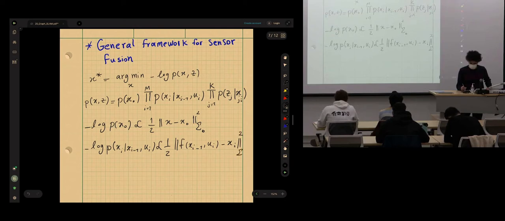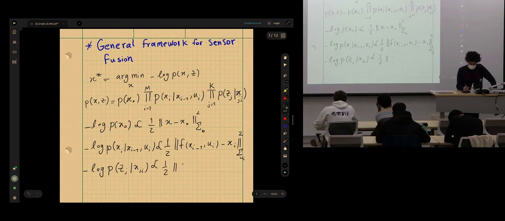So this is adding a temporal constraint between two variables in consecutive time steps. And the last one, the negative log of the likelihood, is proportional to 1/2 of the norm squared of the measurement model.